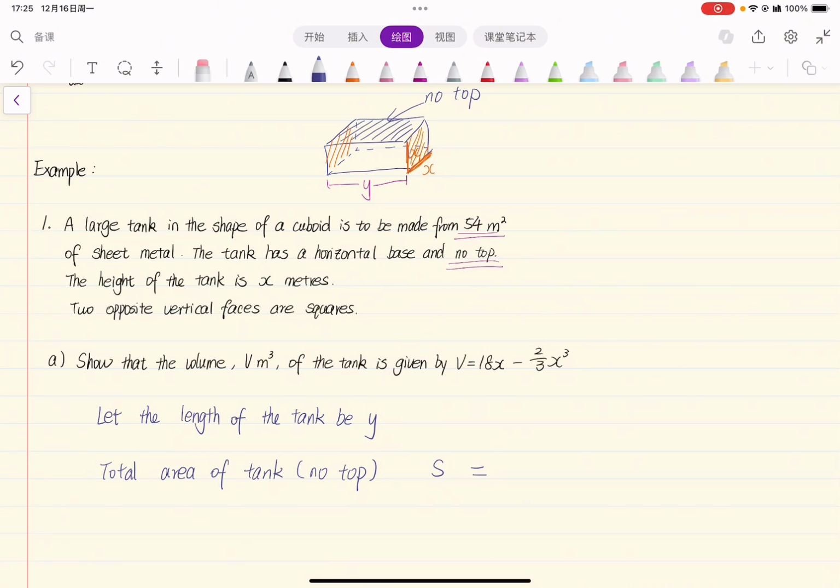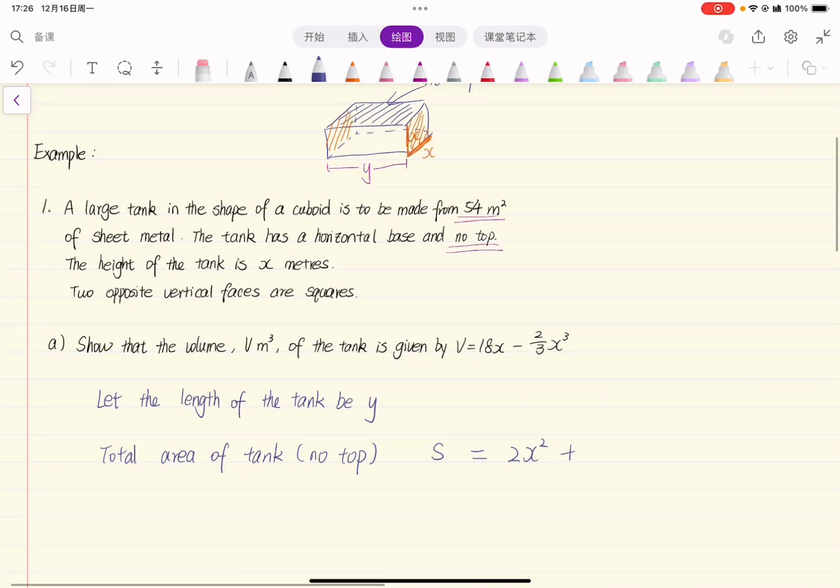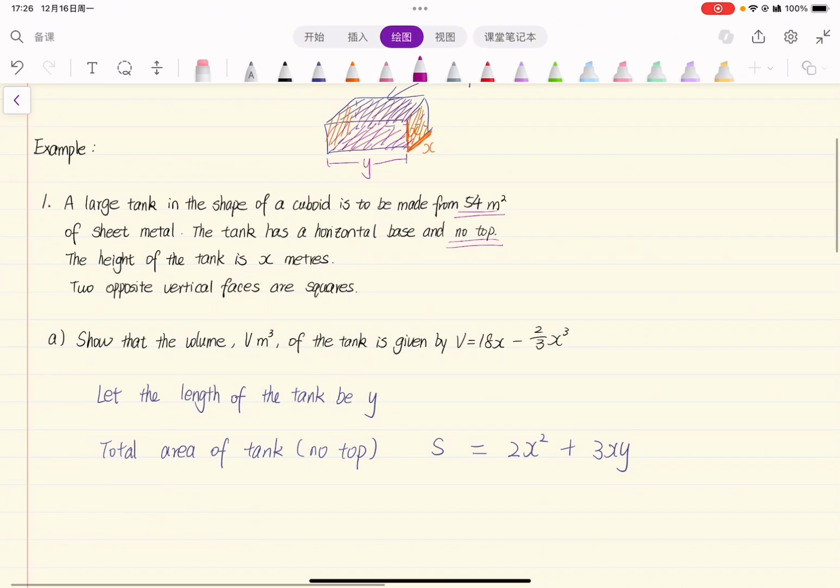So we have two squares, that is 2 times x squared. And then we need to plus the other faces. So we have 3 times xy. Those are the faces over here, and the bottom one, and the back one. So there are 3, right? That equals 54.